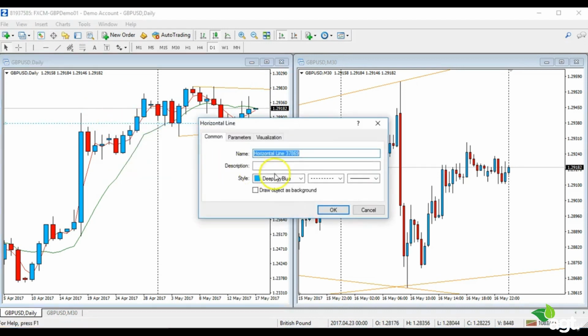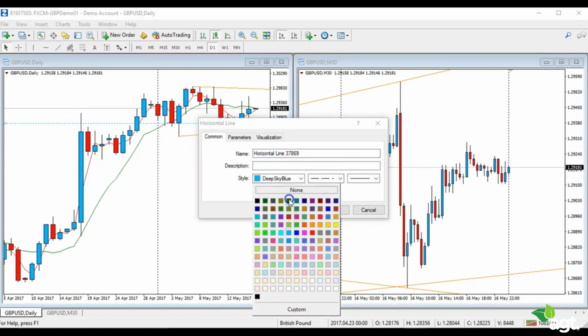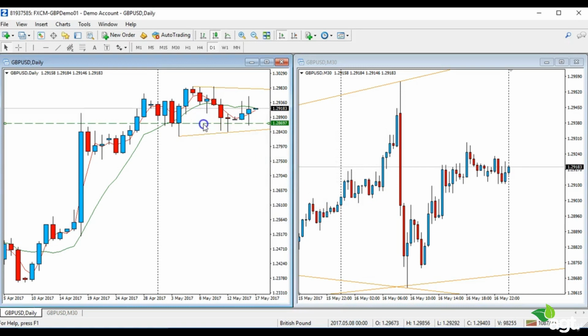So horizontal support and resistance, if I draw that in here, this is what we call it when price moves up and hits a certain level and bangs up against it, and then kind of moves away and doesn't go through it, we call that resistance.